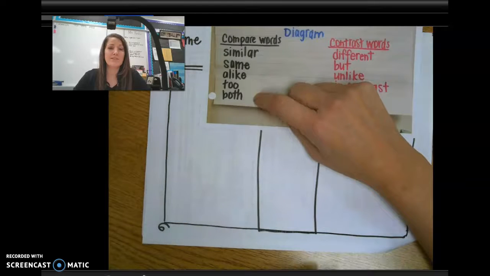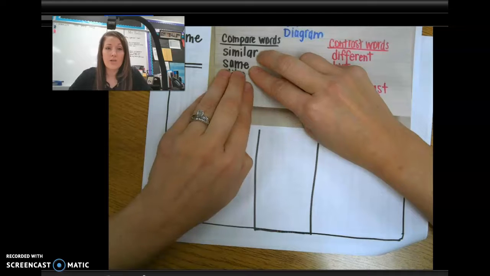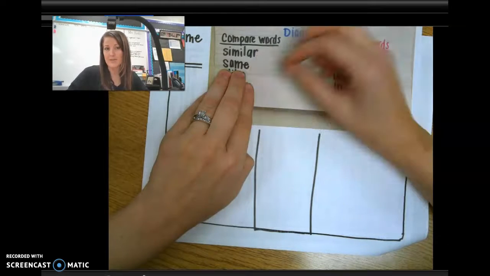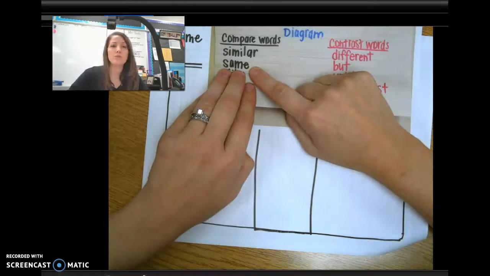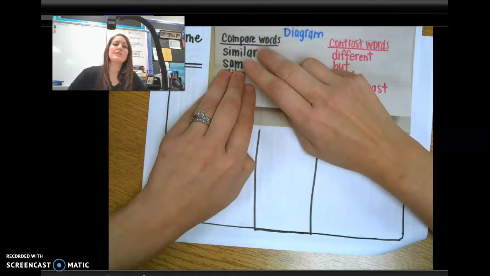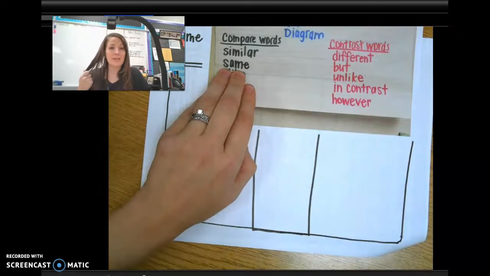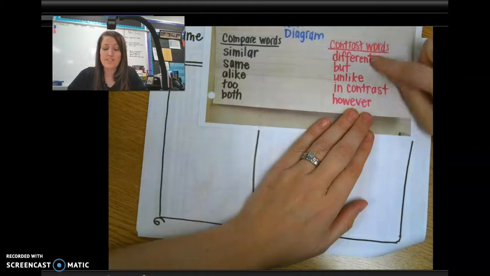You're finding something that's alike. Now, these two words actually do mean a little different. If our hair color is similar, it means it's a little bit alike, but it's not the exact same because maybe I've got highlights in mine or whatever. So similar means that there are some things that you can compare that are alike, but same would mean more, it's exact.